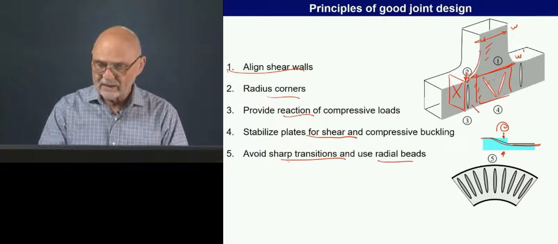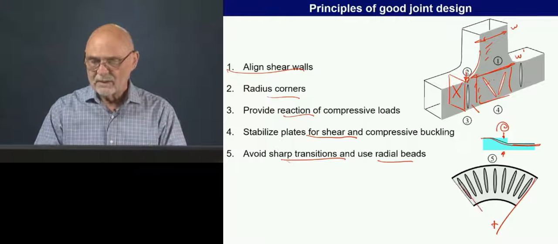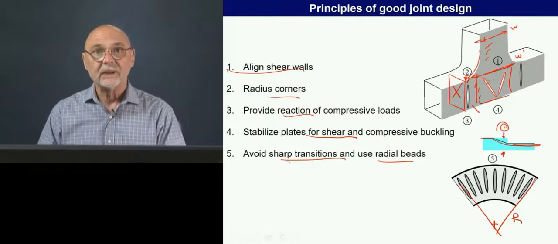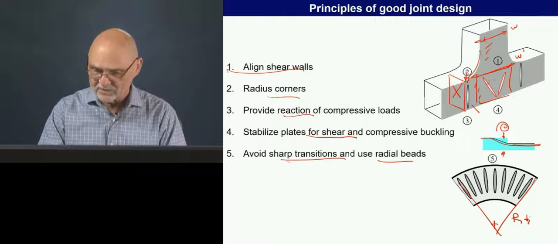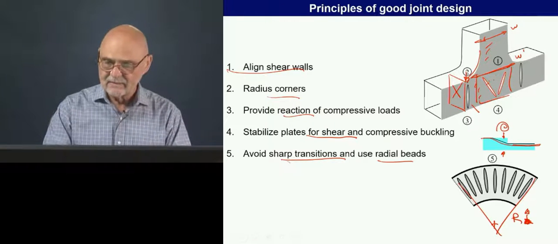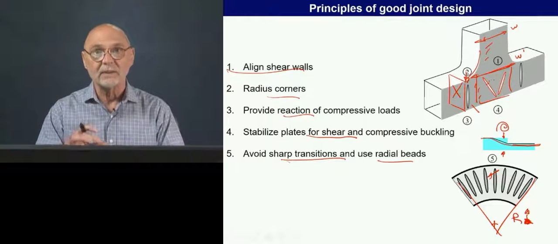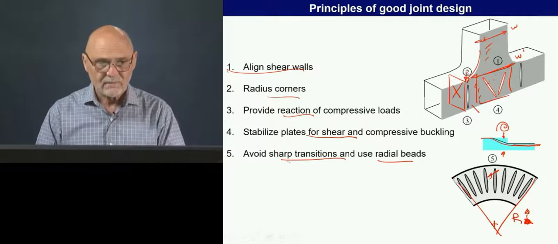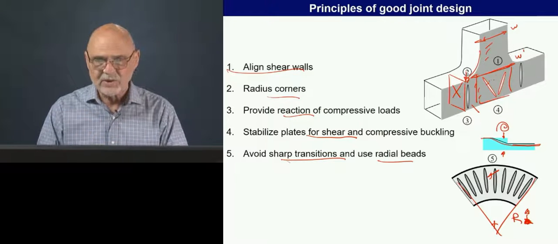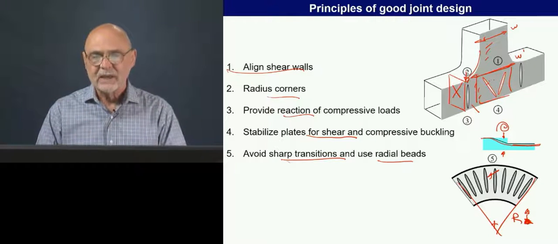And then if we do have beams that are curved, we want to maximize the radius and then add these radial beads to prevent the web from buckling. Okay, so I think that achieves what we're trying to look at in this section.